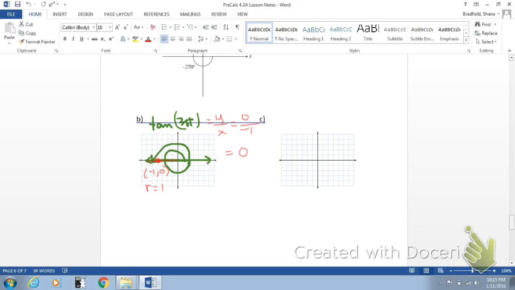For C, I have secant of 11 pi over 2. If I graph that, I'm going to rotate basically 990 degrees, and that's 2 3/4 rotation.